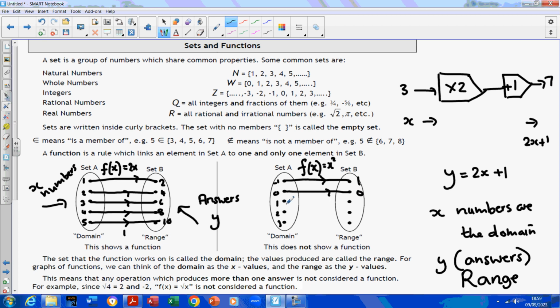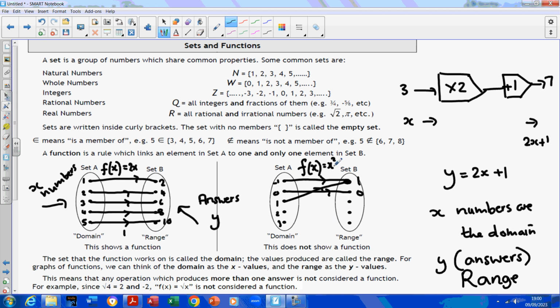And 1 squared is also 1, so 1 would go back up there. So you can see in this set of numbers that I've got 1 and -1 going to the same value. So we've got to be careful with some of these machine chains, these functions, because we've got to restrict the domain so that there isn't a number going to the same answer twice.